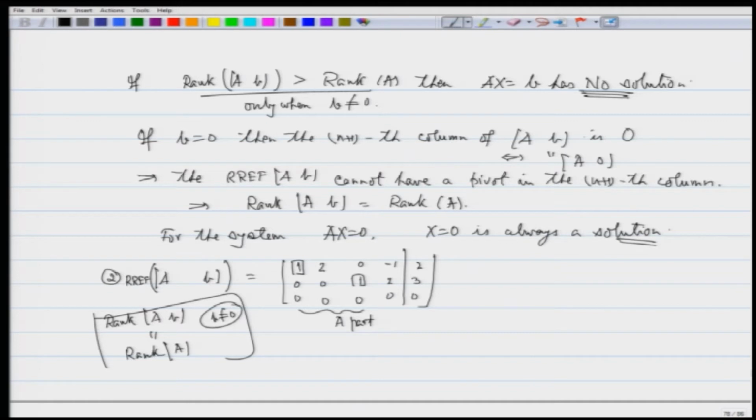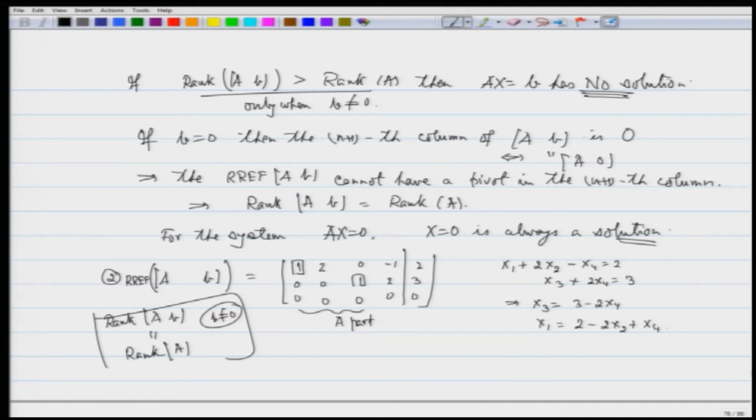This corresponds to looking at x1 plus 2x2 minus x4 equal to 2, and x3 plus 2x4 equal to 3. From here I can write that x3 is equal to 3 minus 2x4, and x1 is equal to 2 minus 2x2 plus x4. This is very, very important. Have a look at it nicely.